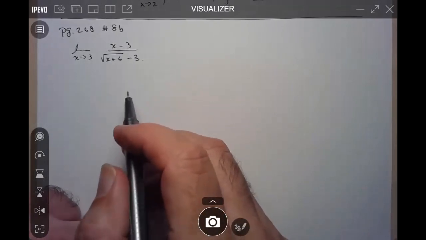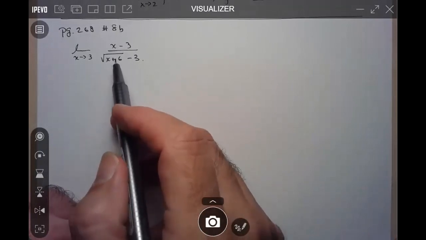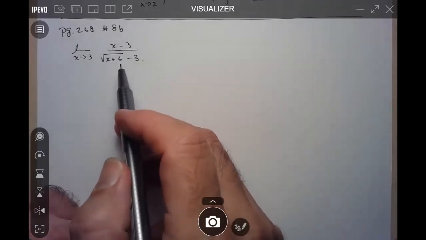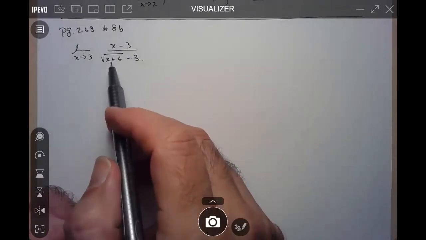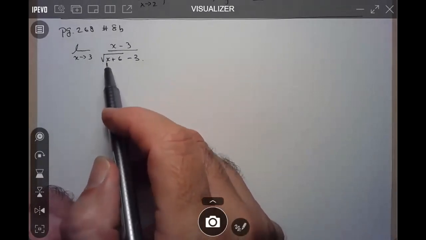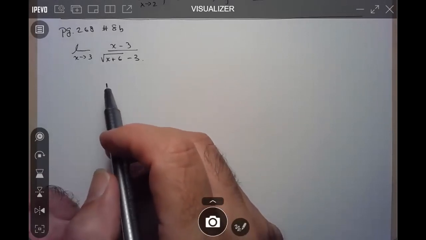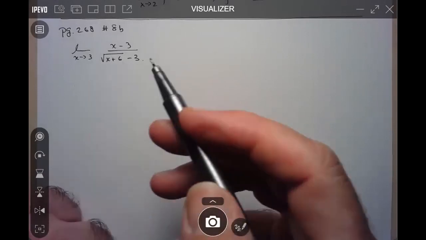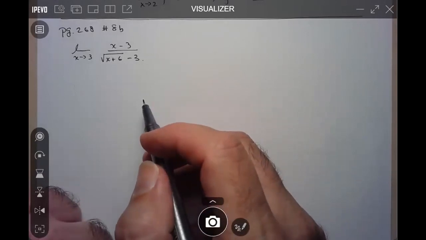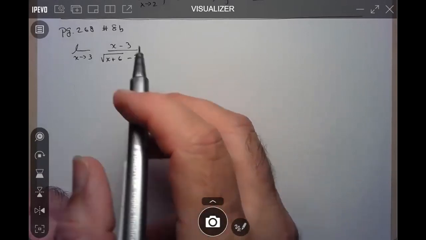Okay, now the thing that's really causing the problem in terms of doing any kind of simplification is this square root, as the x plus 6 is stuck inside that square root. So ideally, we want to get it out of the square root. And this is where, as we've seen now many times, we use the idea of multiplying by the conjugate.